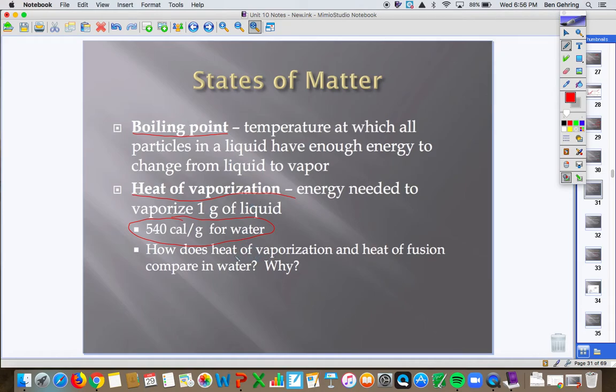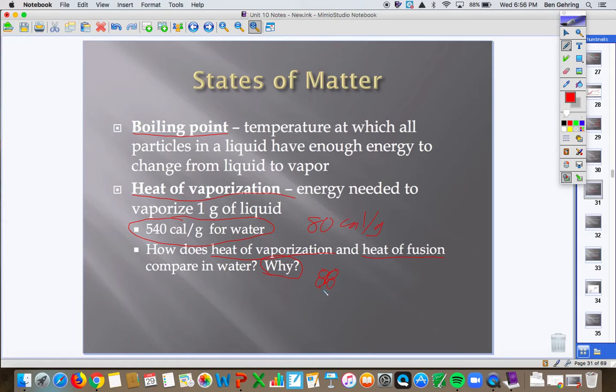So the question comes, how does heat of vaporization and heat of fusion compare? Which one's bigger? Well, in this case, we know the heat of vaporization is bigger because heat of fusion was only 80 calories per gram. Why would this be bigger? If you think about the bonds between molecules, for ice to become water, we have ice stuck together like so, and these just have to be able to start to slide.